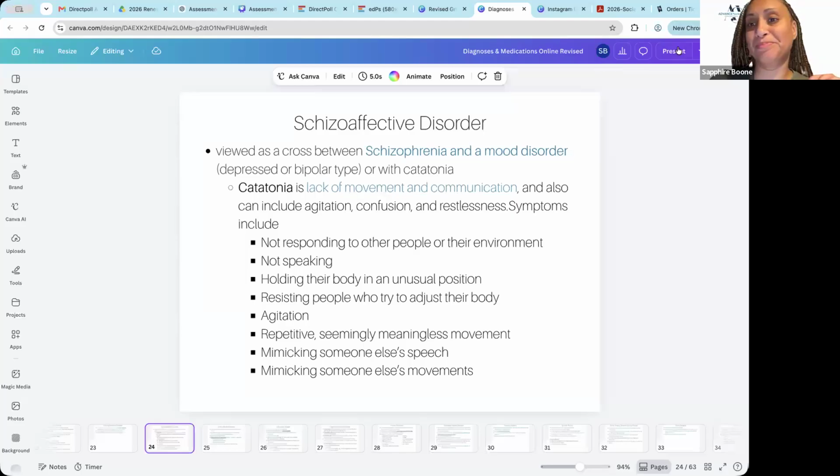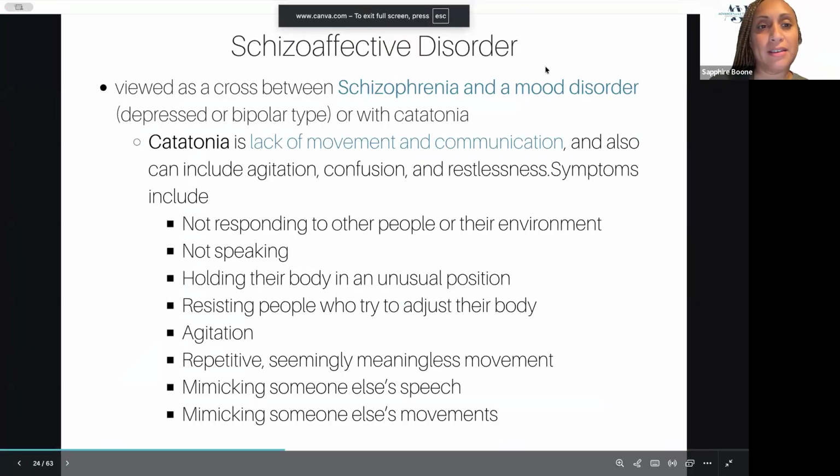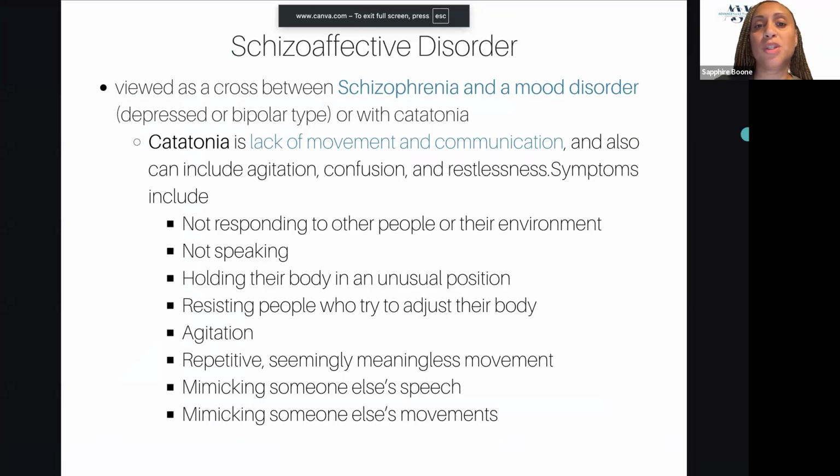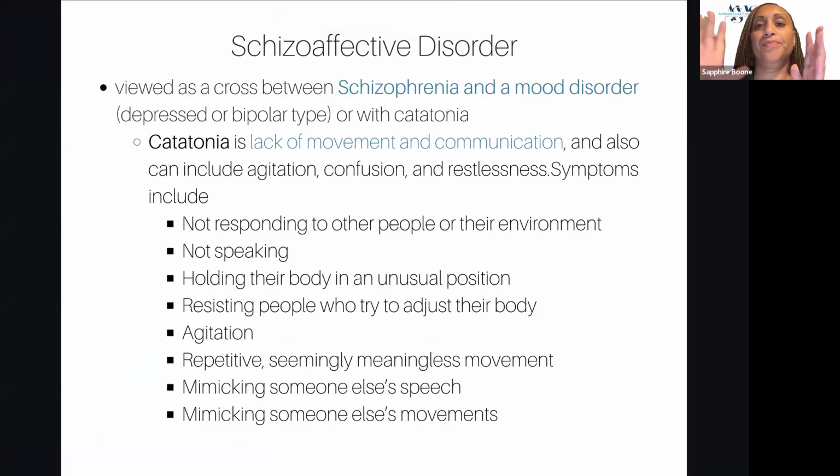Just so you can see, here it is. Schizoaffective, just because I'm visual, so I need to see it. Schizoaffective is viewed as a cross between schizophrenia and a mood disorder. So you have schizophrenia, and you could have a depressed mood, or you could have a bipolar mood.